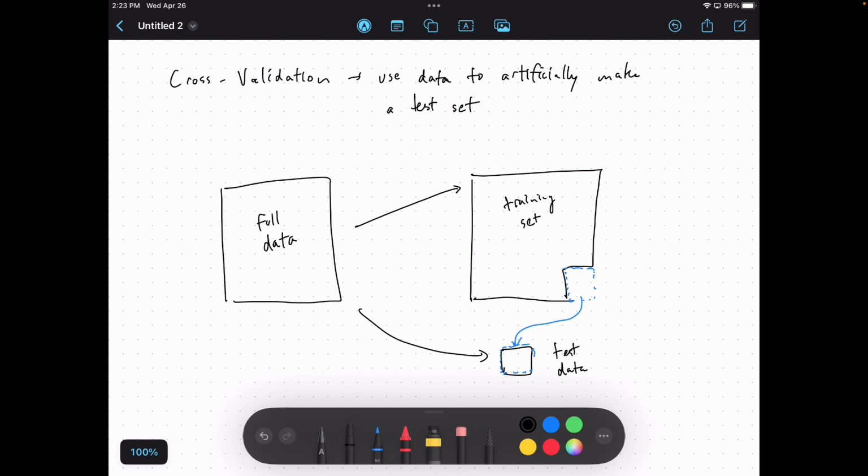And so you can actually do this procedure multiple times and randomize the test data. So instead, what I can do is randomly select other pieces of data.